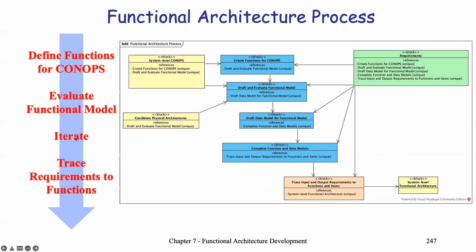There's the ability to iterate, and finally we trace the requirements to the functions. And so this is what we have laid out here. There's a lot of developmental steps here, and there's inputs and outputs, and finally we develop a system level functional architecture, which is the goal. So that's one possible way of viewing it from a SysML point of view.